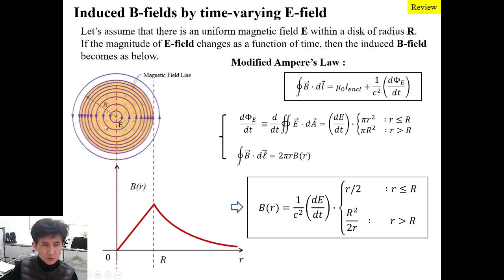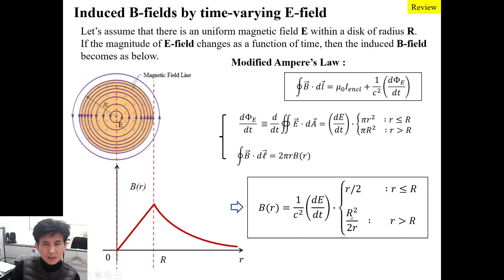If there is a uniform electric field but its magnitude changes, then we have this generated magnetic field, and it is proportional to 1 over r for small r larger than R. So this 1 over r dependent magnetic field is like the magnetic field of a current line source.